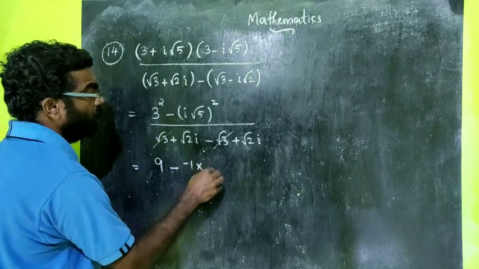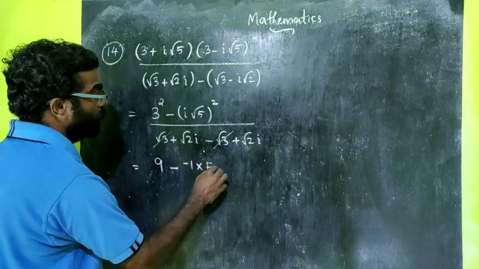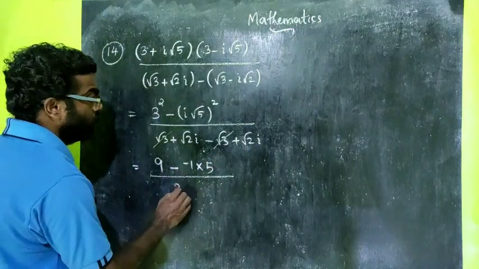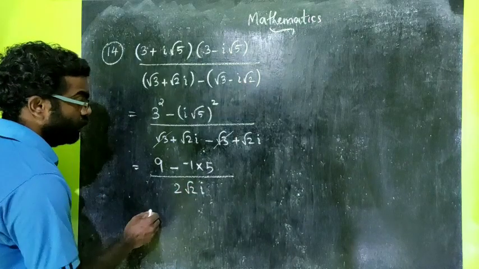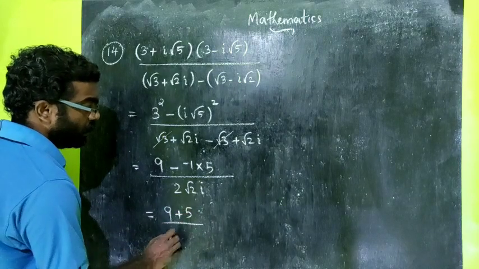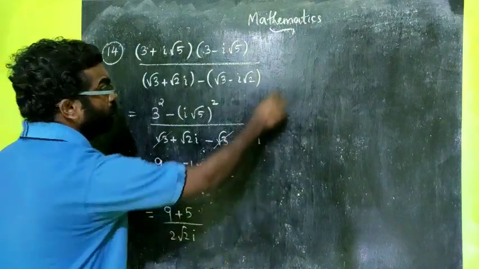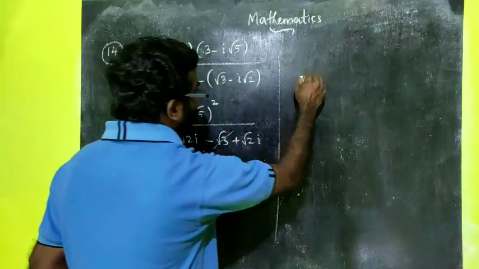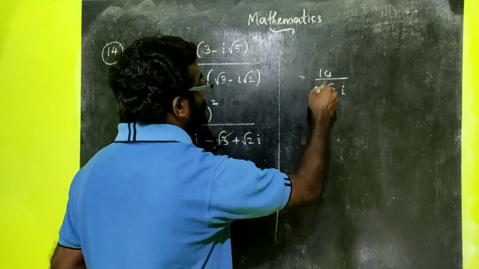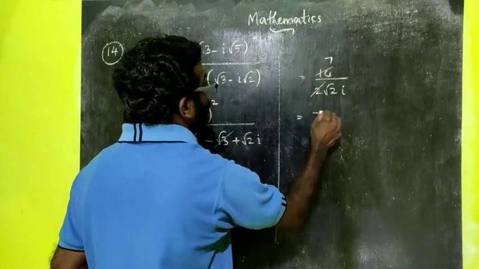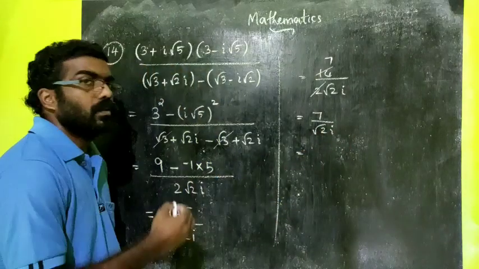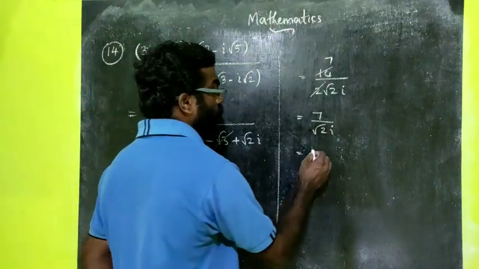So minus 1 into root 5 square is 5, divided by root 2i plus root 2i, that is 2 root 2i, which is equal to 9, then minus of minus plus 9 plus 5 divided by 2 root 2i, or we can write 14 divided by 2 root 2i. Here we can cancel 2 and 14, we get 7. 7 by root 2i. Now we can multiply both numerator and denominator by root 2i.